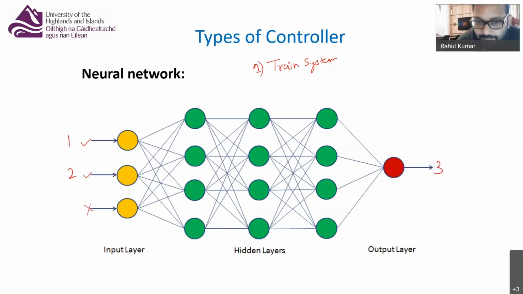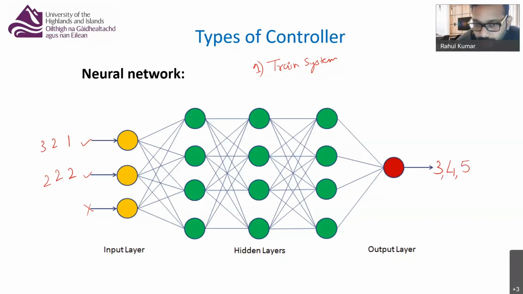Again, I gave another two numbers, let's say 2 and 2, and I told my system that the output should be 4. Then 3 and 2 I gave, and I told my system that the output is 5.